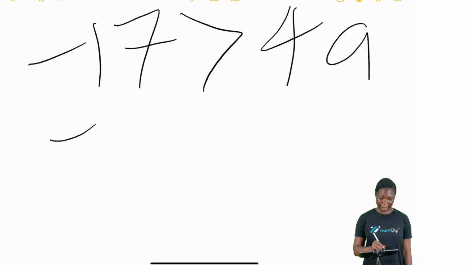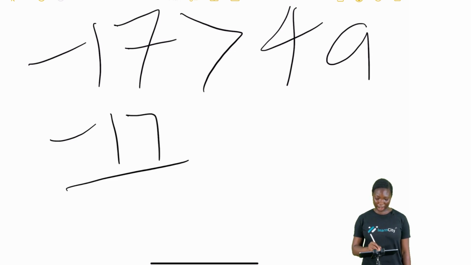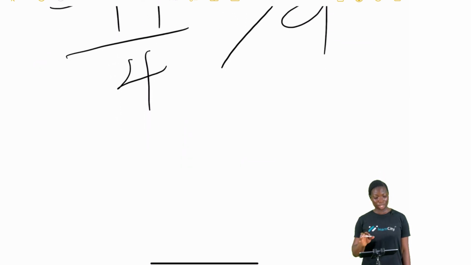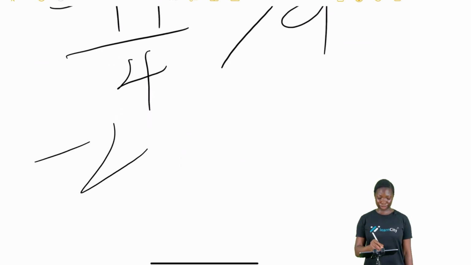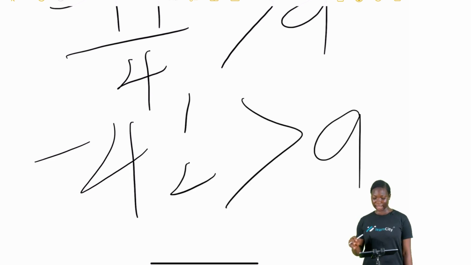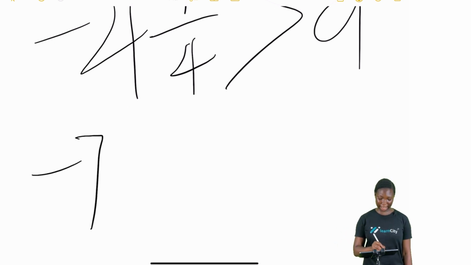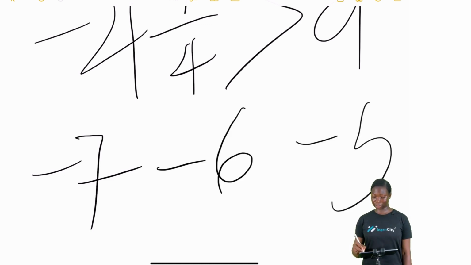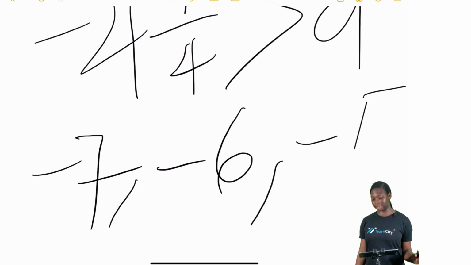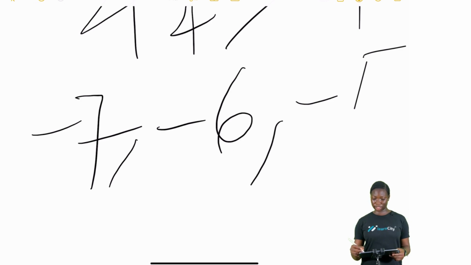So we have minus 17 over 4 greater than a. So here we have minus 4 whole number 1 over 4, which is greater than a. And here, as it is increasing, we have minus 7, minus 6, and minus 5. These are the values which satisfy the inequality.